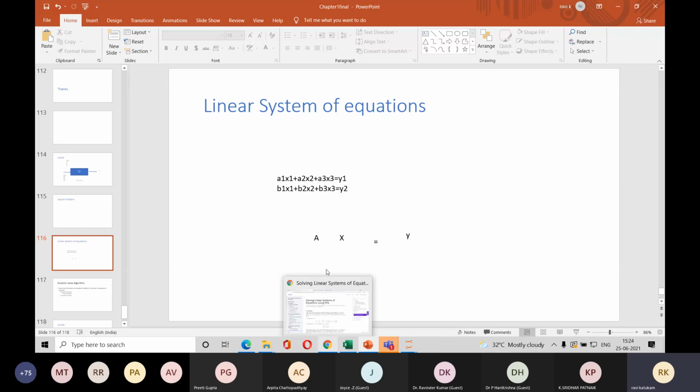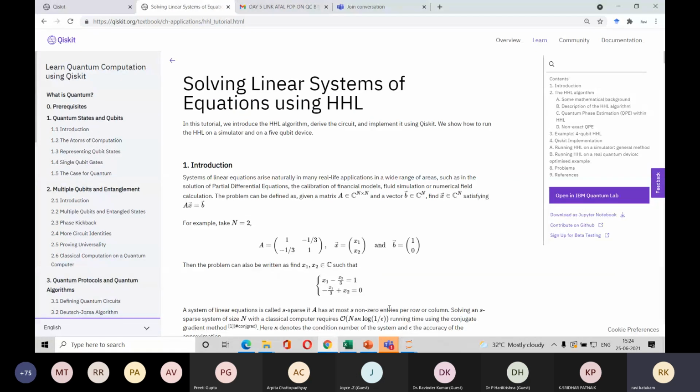You need to invert this A matrix somewhere. That is the problem. If I want to find X, how do I write it? I multiply both sides by A inverse, then A into A inverse becomes the identity matrix, and you have A inverse into Y. The problem is that not all matrices can be inverted.